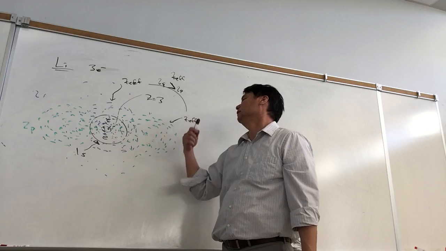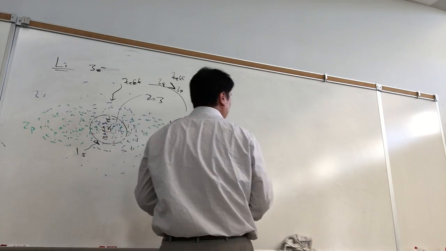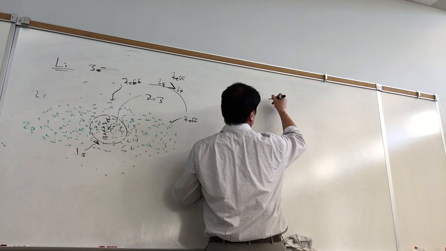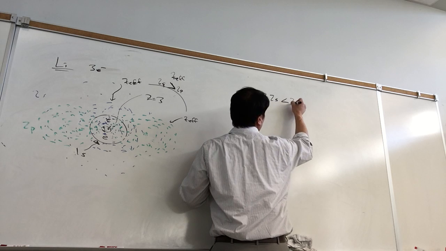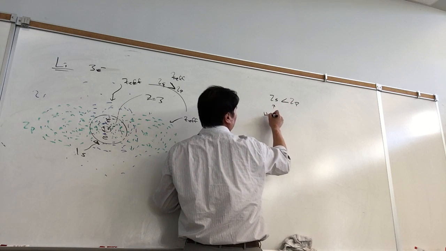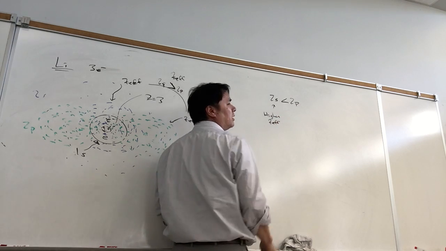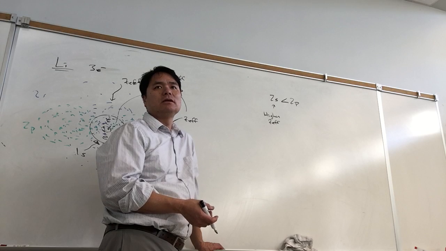In other words, we see this kind of pattern. For example, the 2s are going to be lower in energy than the 2p, because these are going to have a higher Z effective. That is a greater nuclear charge. They have a higher Z effective because they're more penetrating and less shielded.